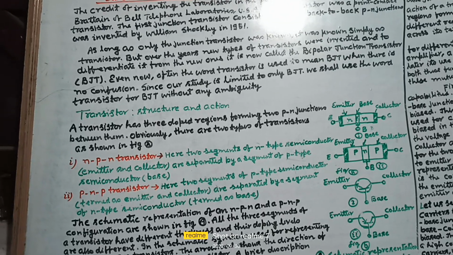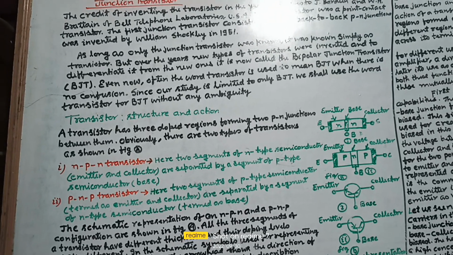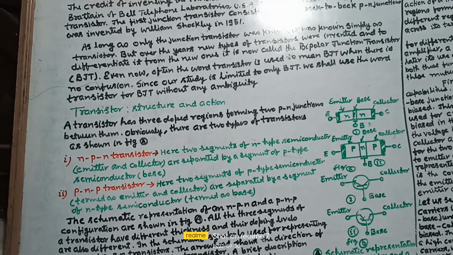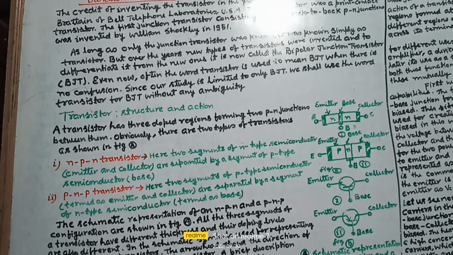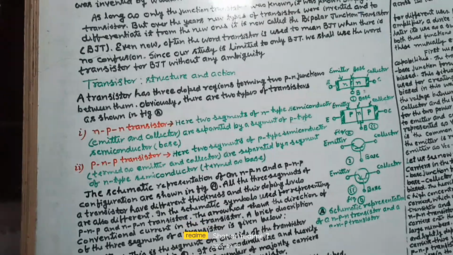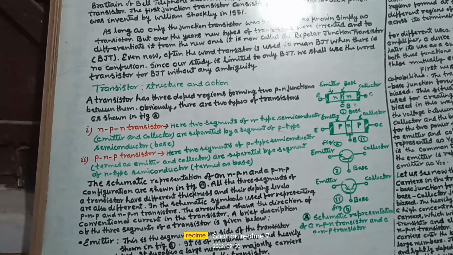Even now, often the word transistor is used to mean BJT when there is no confusion. Since our study is limited to only BJT, we shall use the word transistor for BJT without any ambiguity.